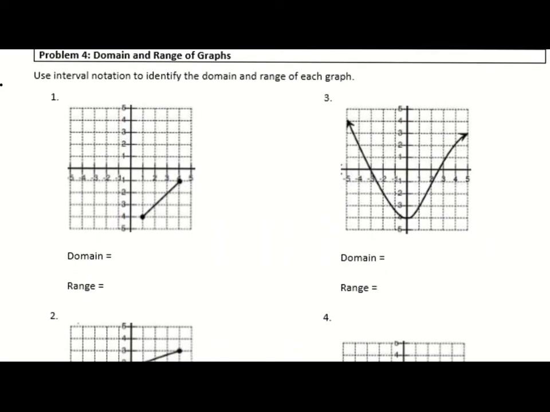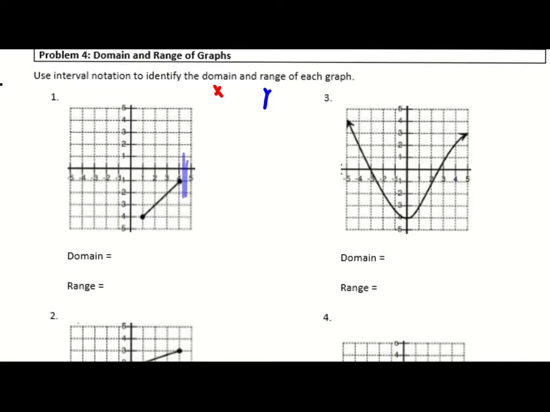So, use interval notation to identify the domain and range of each graph. Remember from last time, domain is your x values, range is your y values. As we go through this, I'm going to outline my graph so I can focus specifically on the x's and the y's.